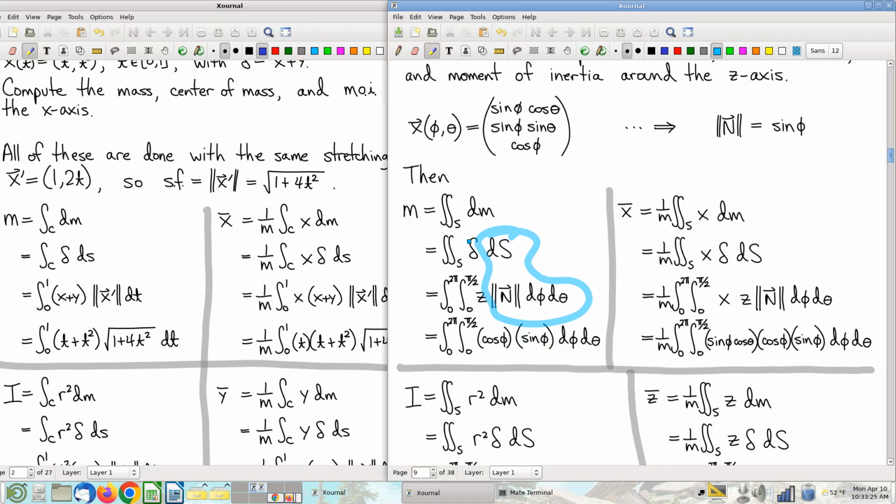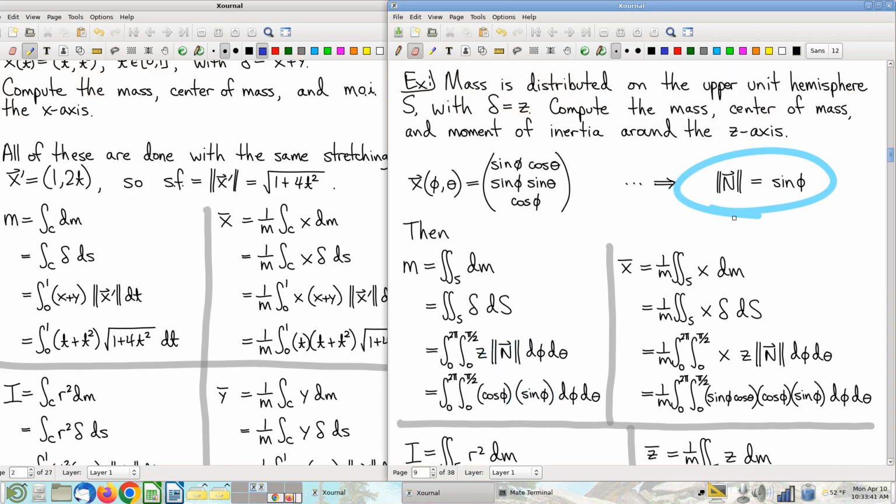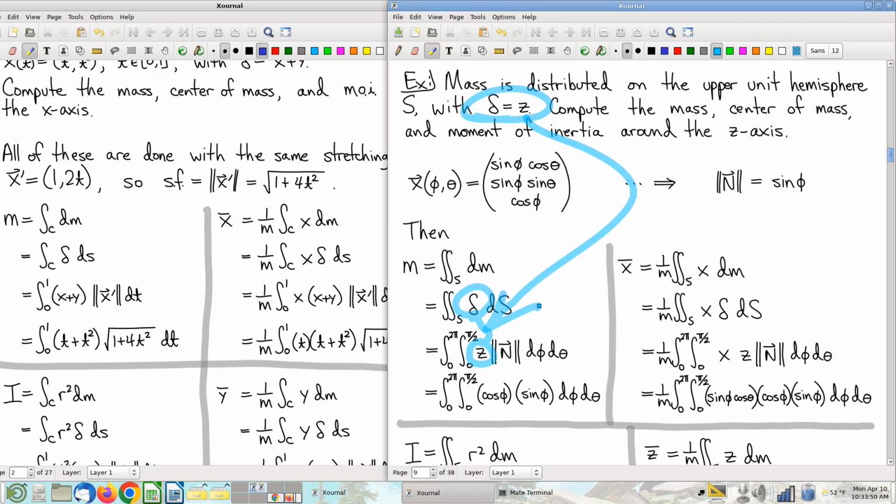And so a few things to plug in. So on the one hand, here's my stretching factor that I've already computed. That was sine phi, so we stick that in there, like so. Right? Just plugging in. Don't forget that the density was given as z, so density is z. That's another plug-in, just a matter of doing it. And then the one last thing I'm going to point out, well, I guess I'll say two last things.